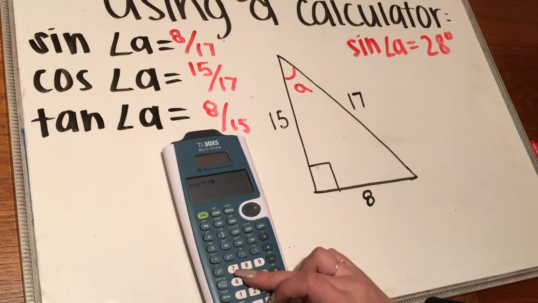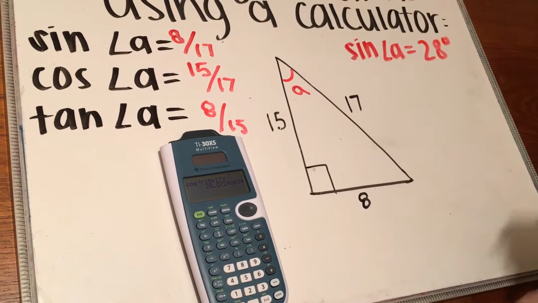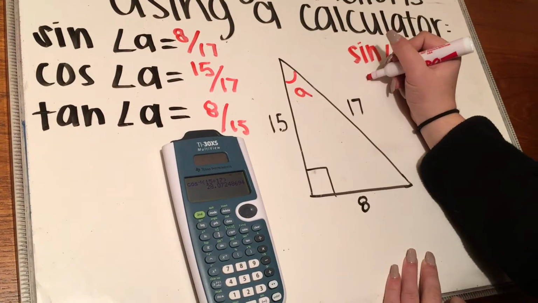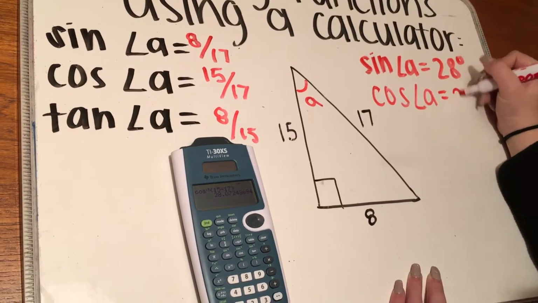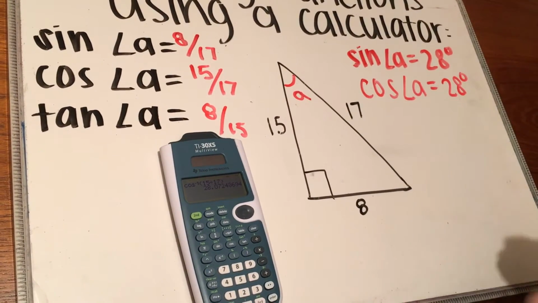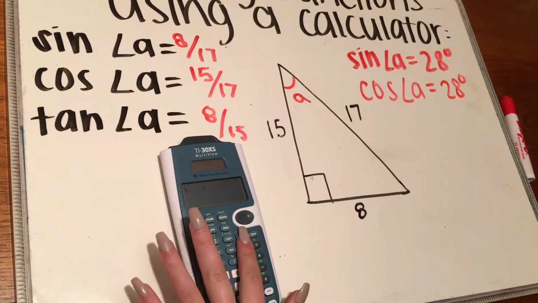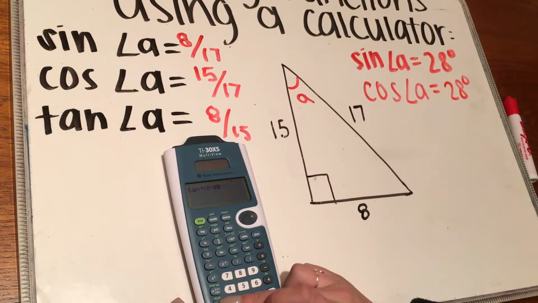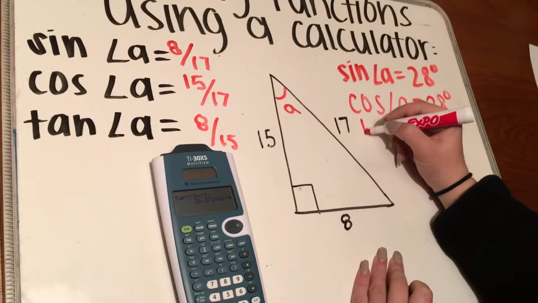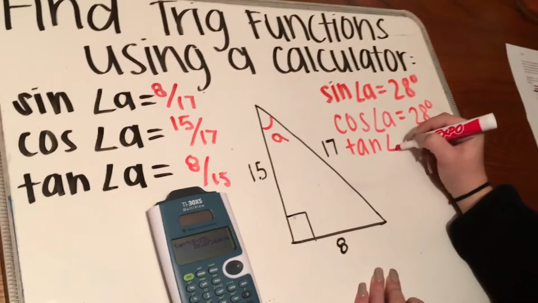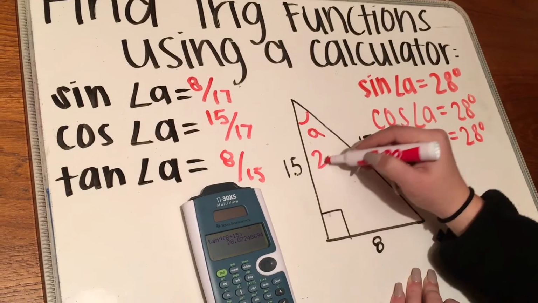So we have 15 over 17. Gets us 28 degrees approximately. And lastly, we have the tangent, and we have 8 over 15, getting us 28 degrees. So that's just extra confirmation that our angle A is 28 degrees.